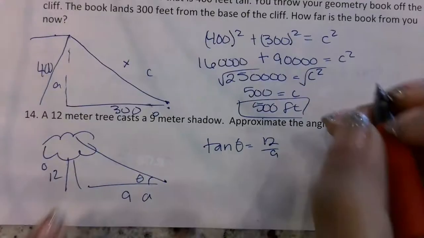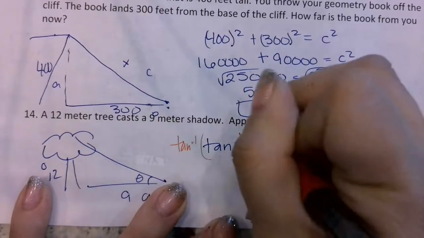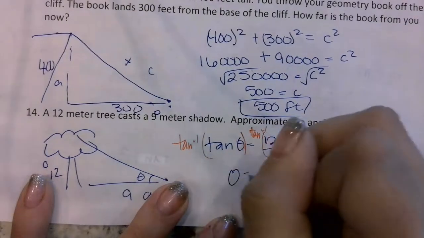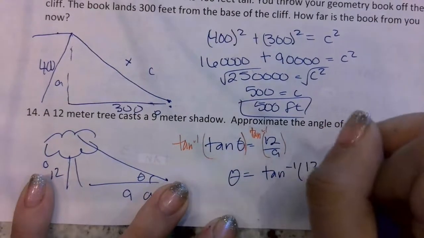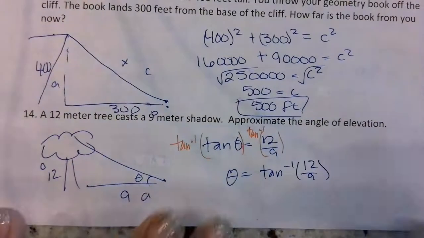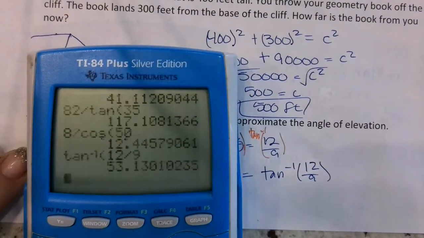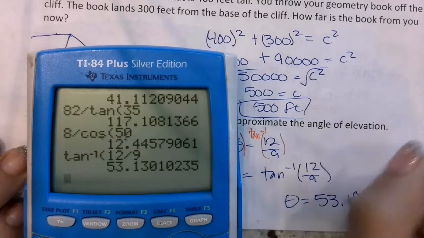Then I want to multiply by my tangent inverse. And I get theta equals tangent inverse of 12 over 9. I want to type that in the calculator. And I get theta equals 53.1 degrees.